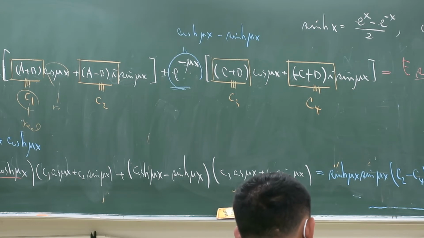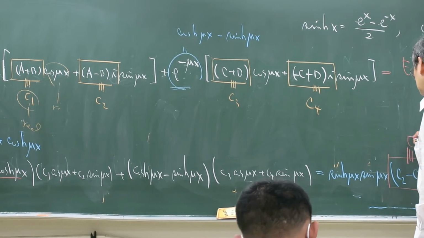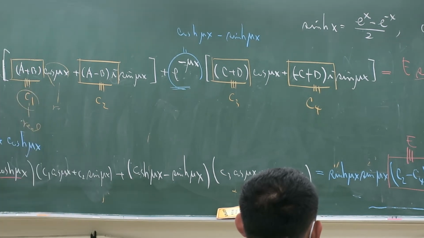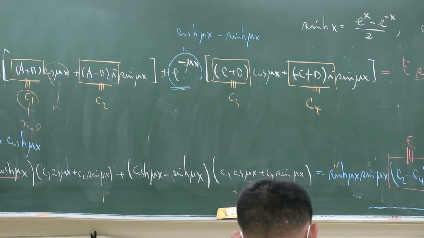Okay? Then I define this is H. This is G. And this is F. This is E. Okay? All are constants to be determined. Okay?